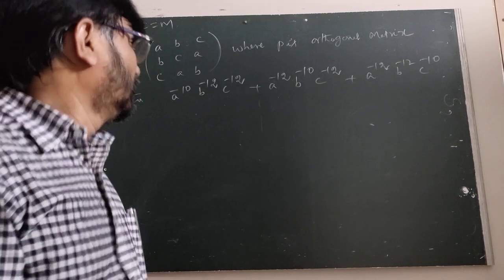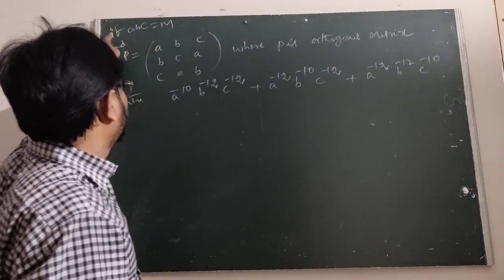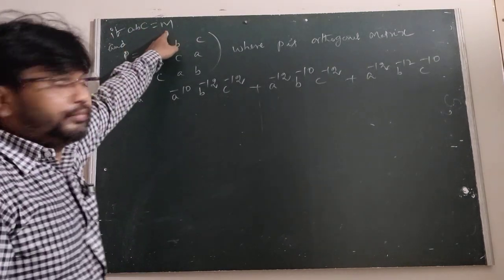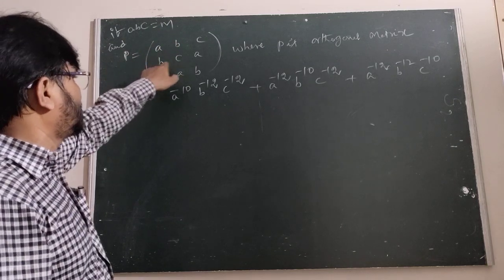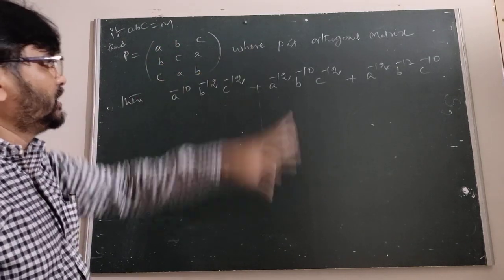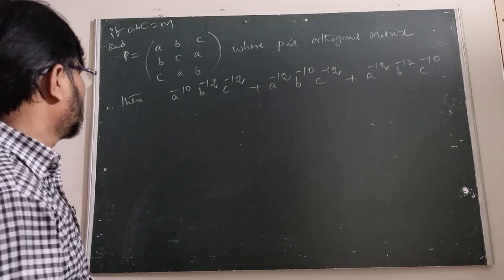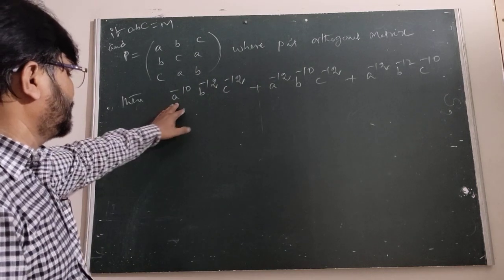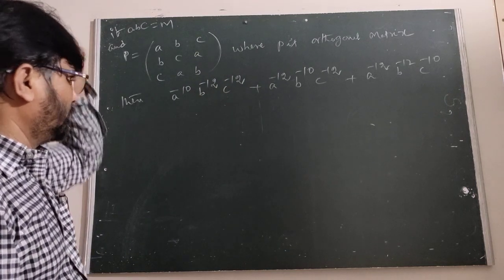So now we are going to discuss another one. If abc equals m and P is the matrix abc, bca, cab, where P is an orthogonal matrix, then find the value of a power minus 10, b power minus 12, c power minus 12.